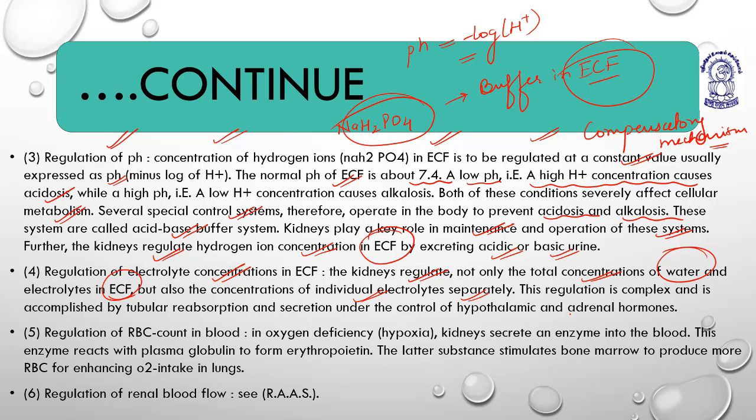This regulation is very complex and is accomplished by tubular reabsorption and secretion under the control of hypothalamic and adrenal hormones. Very important. Under the action of these hormones, the electrolyte balance of ECF should be maintained anyhow.